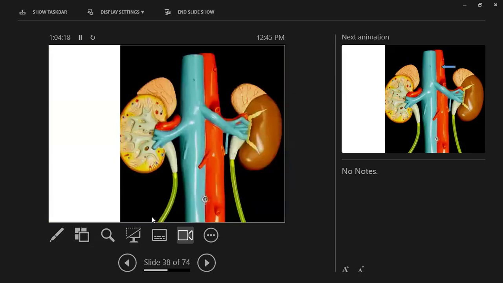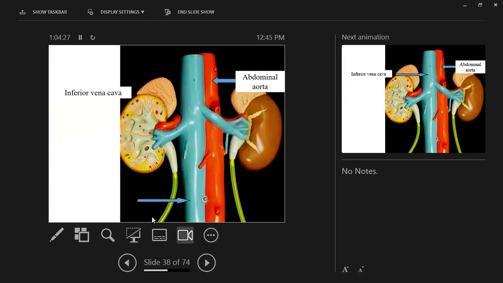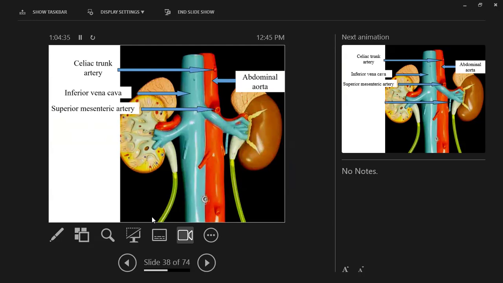So, okay, here we see the abdominal aorta, the inferior vena cava. We have the celiac trunk there. We have the superior mesenteric artery. We have the left gonadal vein. If you have an artery, you got to have a vein.